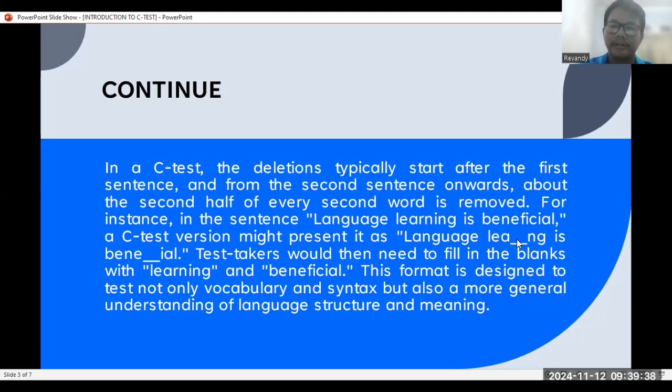The word is missing, right? And this is true. So the test taker will then need to fill in the blanks with learning and beneficial. This format is designed to test not only vocabulary and syntax, but also a more general understanding of language structure and meaning.